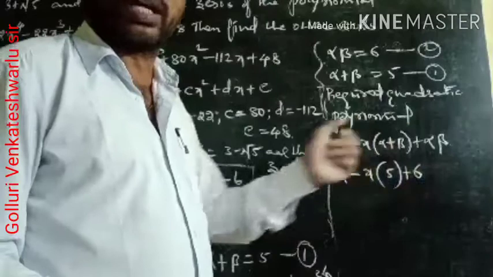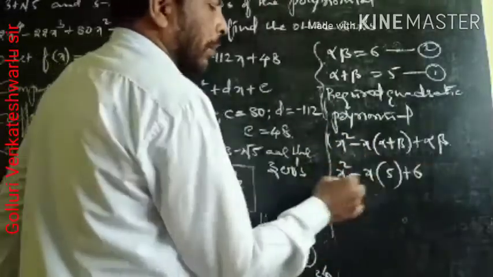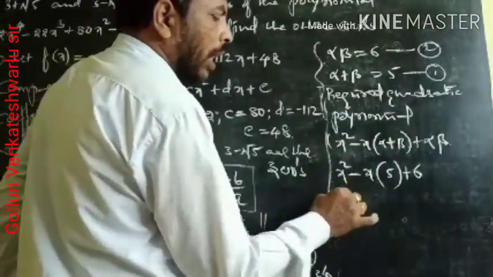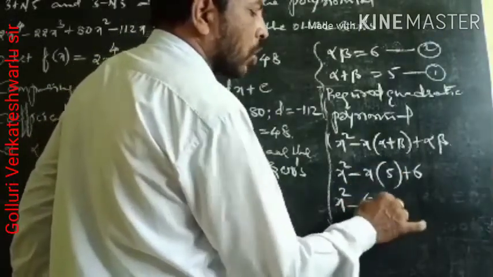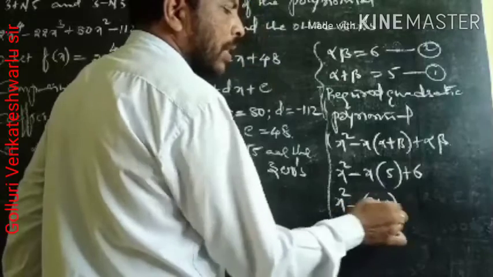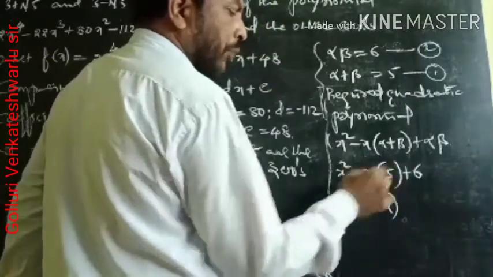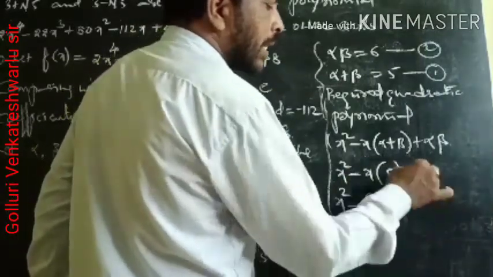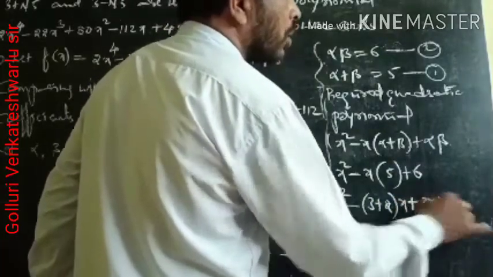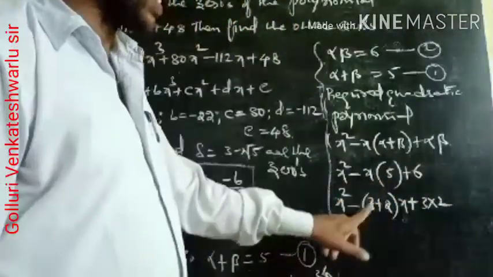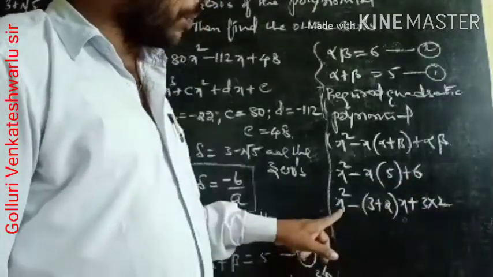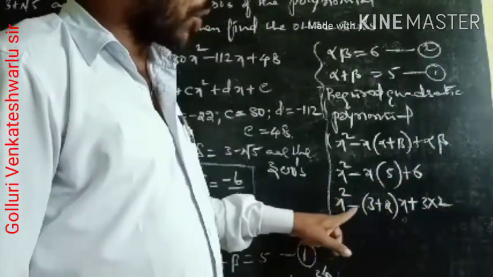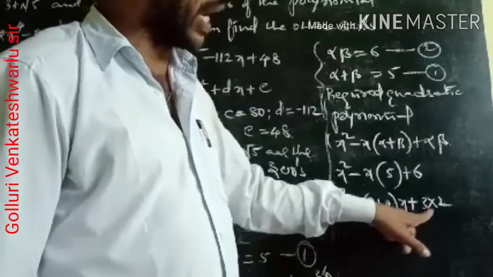To find the zero values, we express it as factors: x square minus, here 5 is written as 3 plus 2. The sum of these two becomes 5, into x, plus 6 is written as the product of 3 and 2. So 5 is written as 3 plus 2 and 6 is written as 3 into 2. Look here, x square minus (a plus b) into x plus a into b.